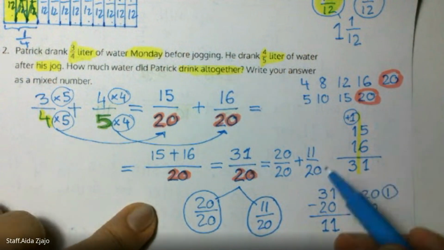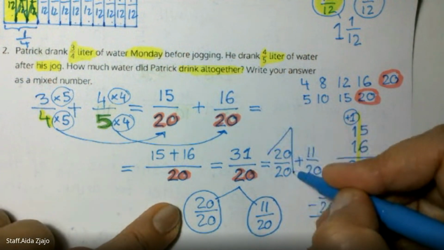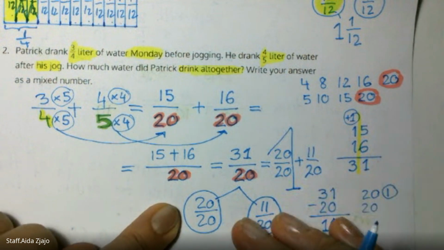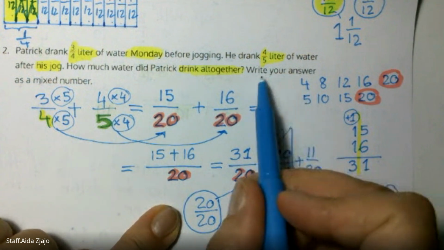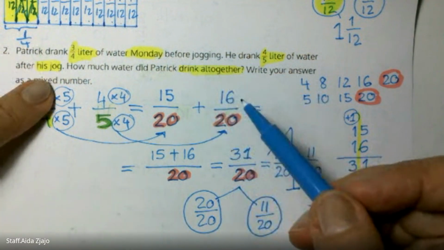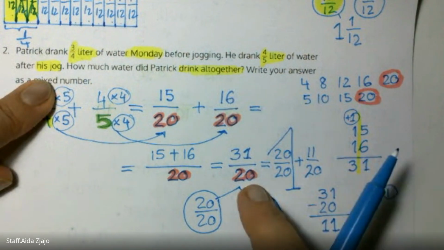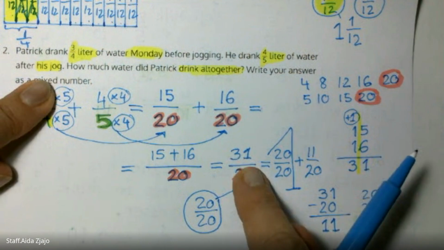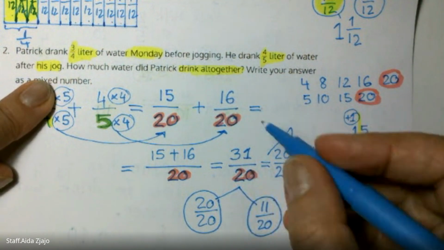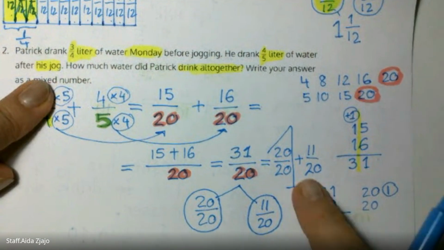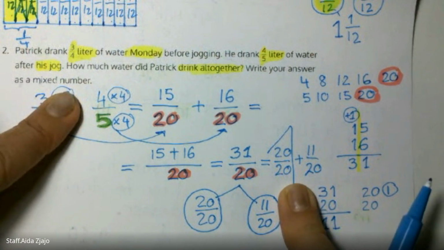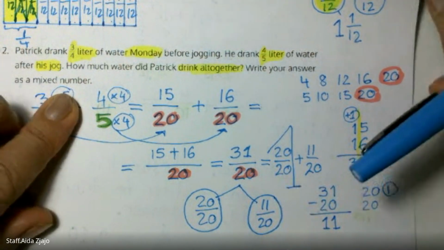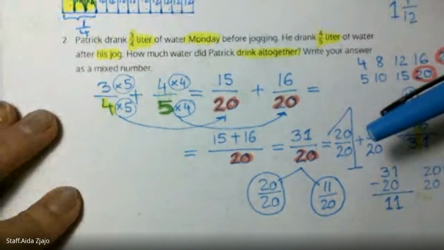And that will make this one whole and 11 20ths. So when we write the answer as a mixed number, this is the answer as an improper fraction. So this is an improper fraction, and this, with one whole, is a mixed number. So we will do that in our answer.